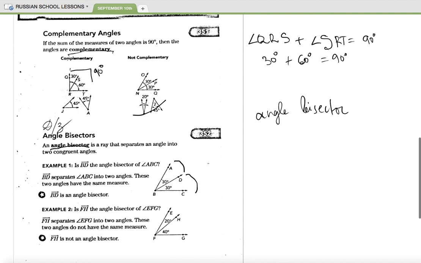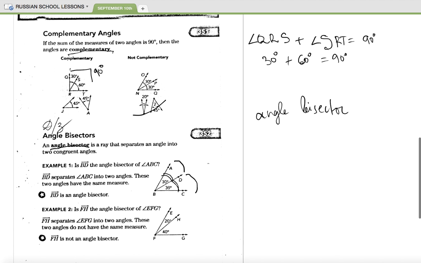So that line BD separates angle ABC into two angles, ABD and DBC. Each of these angles is 30, and they are the same. And BD is the angle bisector. So basically BD separates all of angle ABC into two angles. These two angles have the same measure.